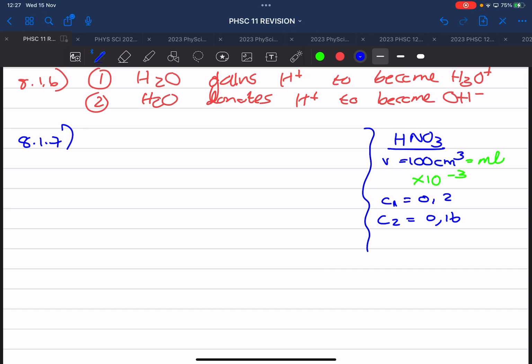Nou hierdie verdunningsformule is nie op die datavel nie. Het ons dit gedoen? Nee. How much water must you add to dilute it?